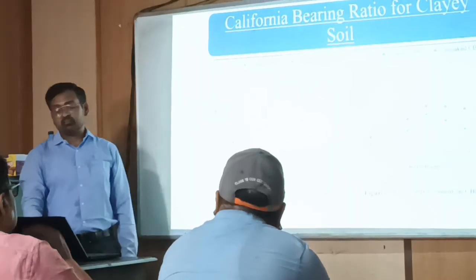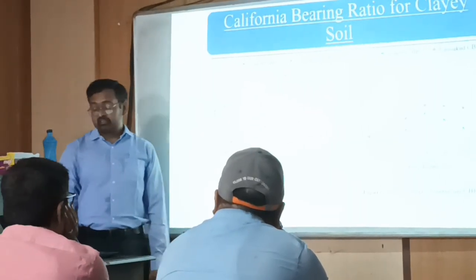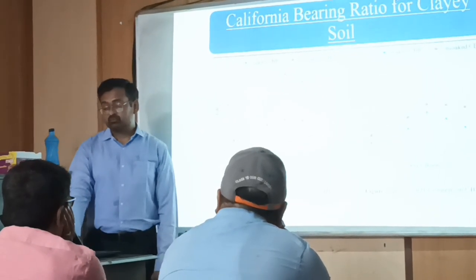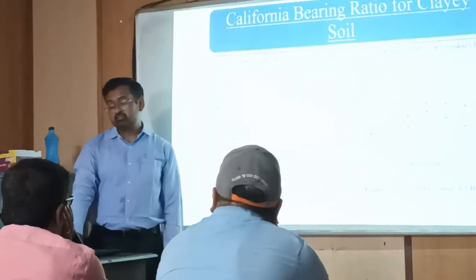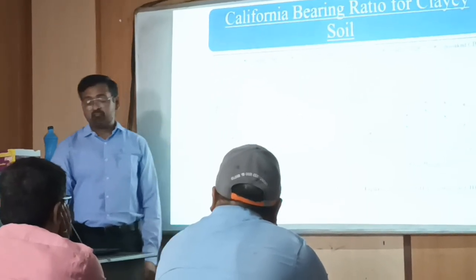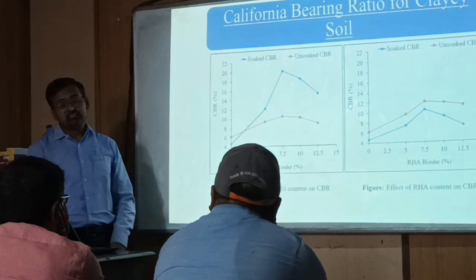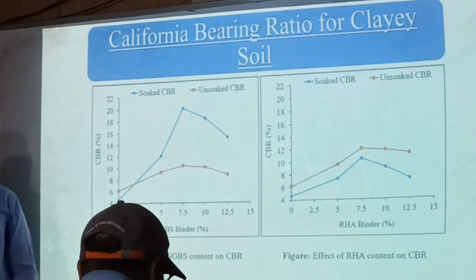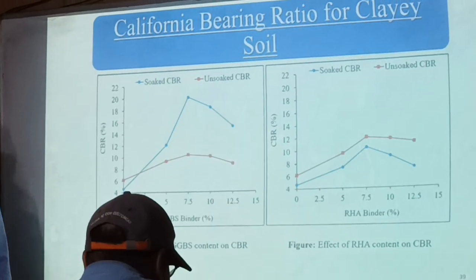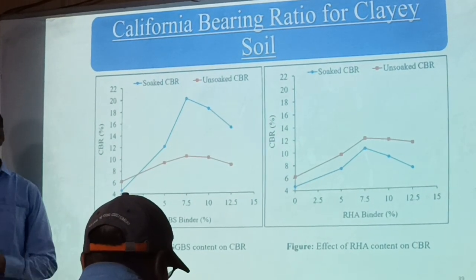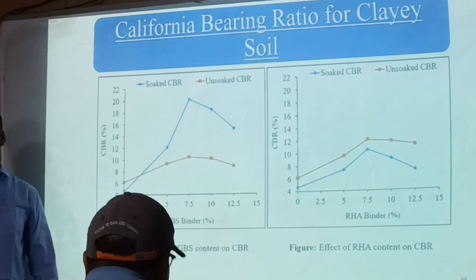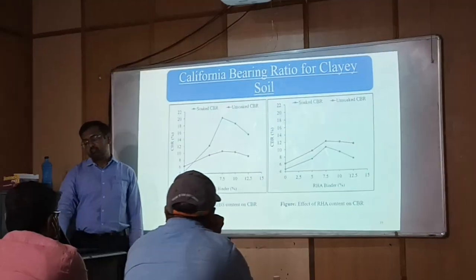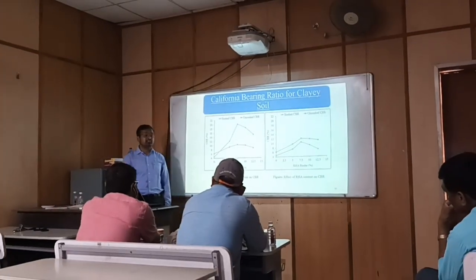Now the CBR for clay soil. With increasing binder content, the soaked CBR increased up to a point, and with further addition, the CBR started decreasing for GGBS treated soil, and similarly for RHA treated soil. However, the CBR achieved for GGBS treated soil was significantly higher than for RHA treated soil.